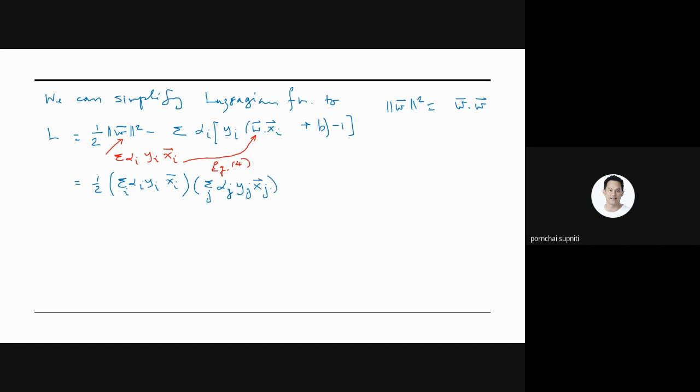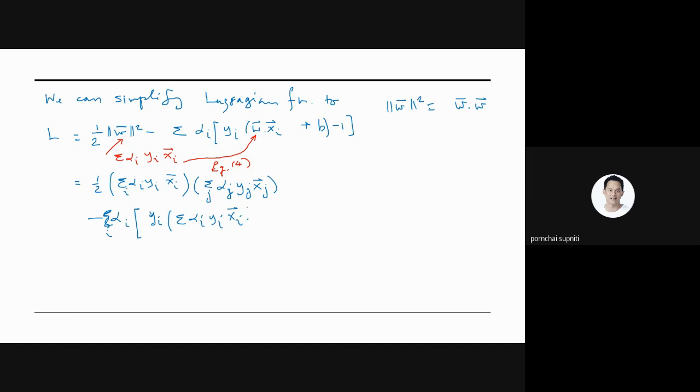And then minus the term at the back, which is summation of alpha i, multiplied with yi multiplied with w, which is summation alpha i, yi, xi. This is w, no?